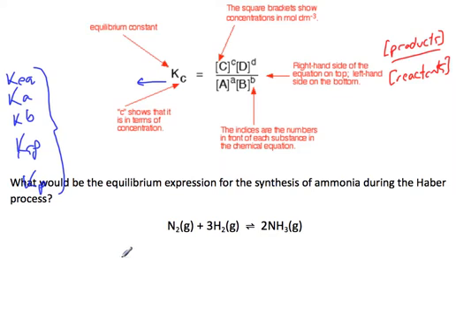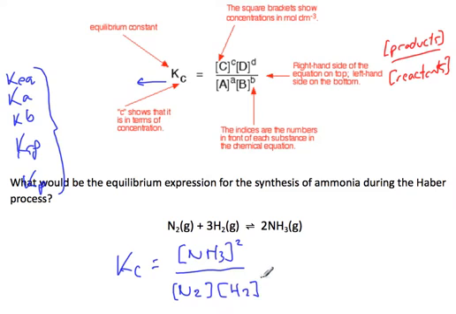We can write an equilibrium expression, Kc equals the concentration of the product, ammonia, NH3, and there's the 2 in front of it, so it's raised to the power of 2, over nitrogen gas, N2, and hydrogen gas, H2, raised to the power of 3. It's the product of the concentrations of the 2 reactants, with only one product. So that's an equilibrium expression.